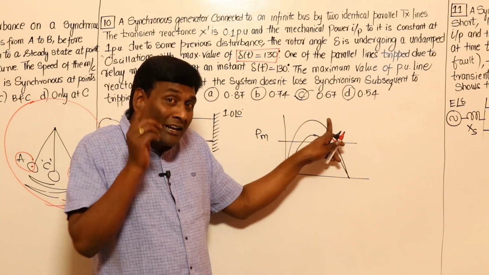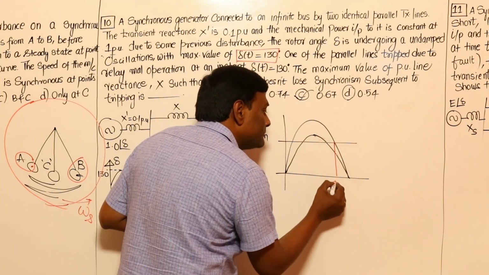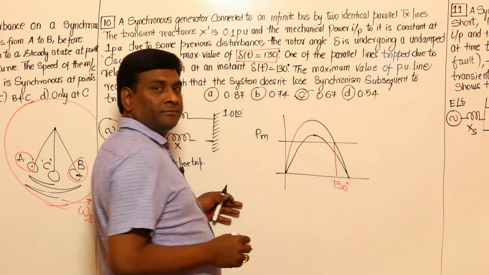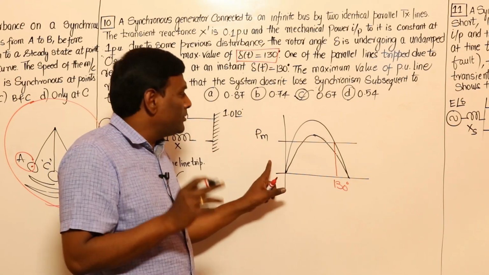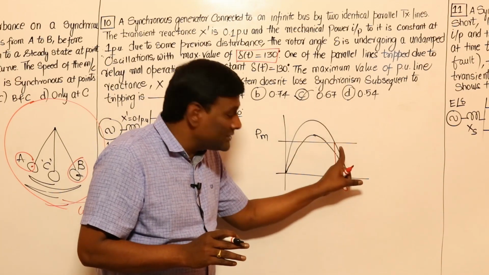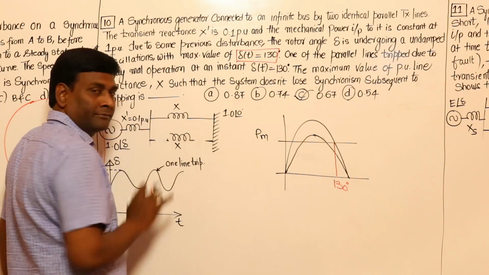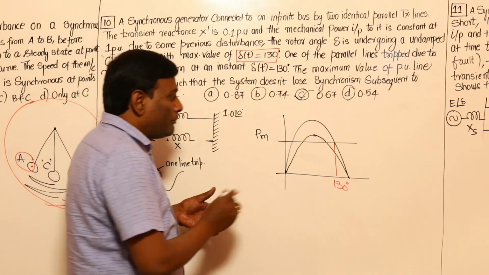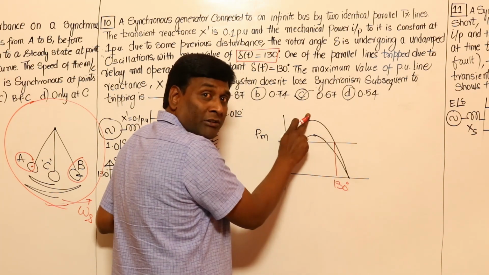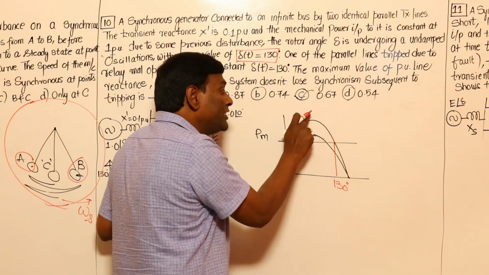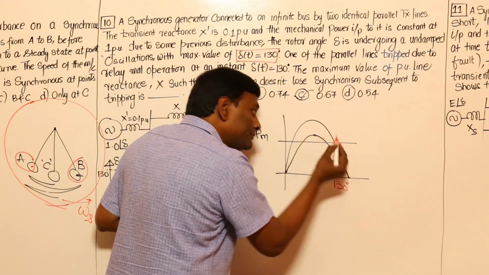In the upper one, because of another disturbance, it was operating at 130 degrees. Now what happened? This got tripped. So my rotor is at 130, and from here my electrical power characteristic has changed from here to here. So it has to come down.